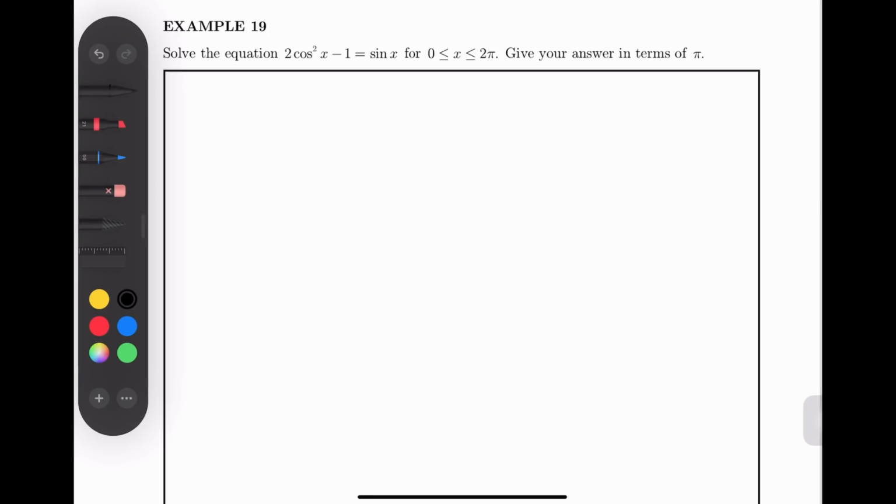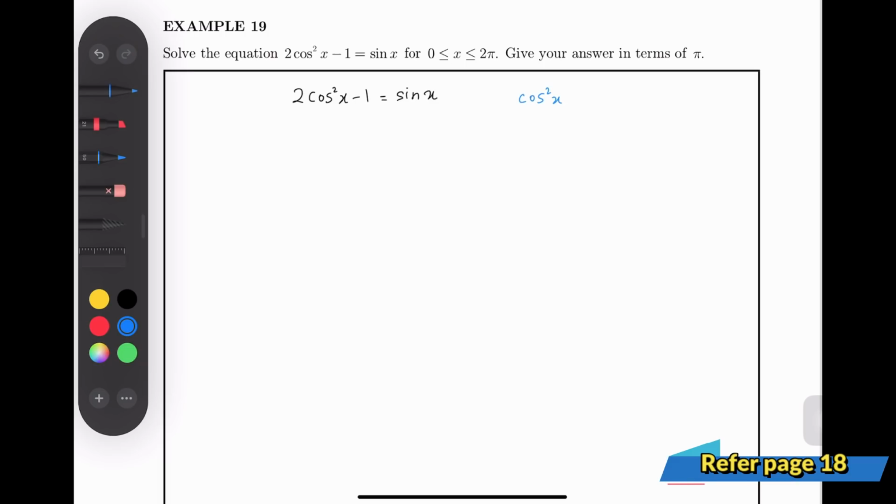Example 19. We have to solve the equation 2 cos square x minus 1 equals to sin x, and we have to give the answer in pi. Okay, so let's start. Basically we know that cos square x plus sin square x equals to 1.